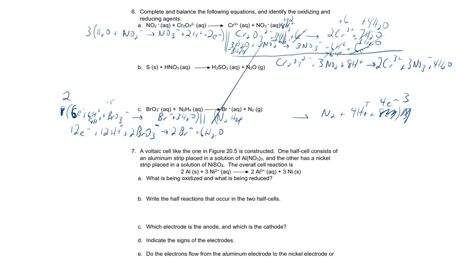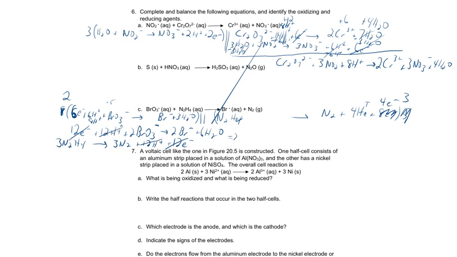And I'm going to multiply out this other side and just write it down over here for this time. 3 N2H4 gives me 3 N2 plus 12 H plus 12 electrons. Yeah, that looks a lot better. So I can cancel out my electrons and my H pluses. There's 12 on the right and 12 on the left, so they actually cancel out. And then everything else is left over.